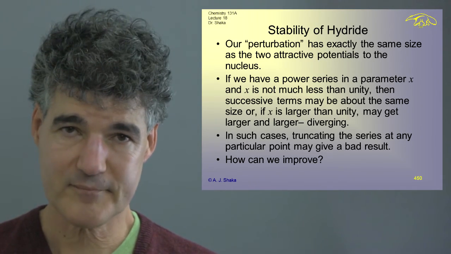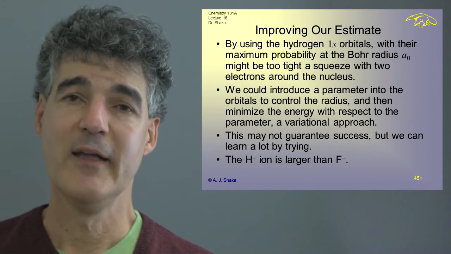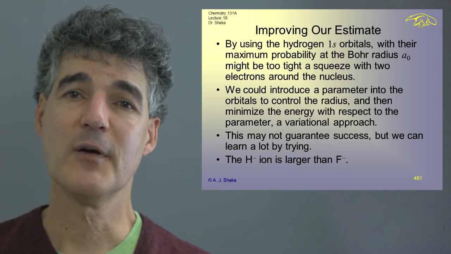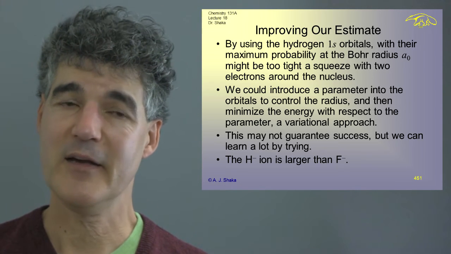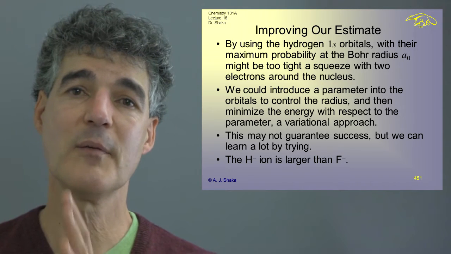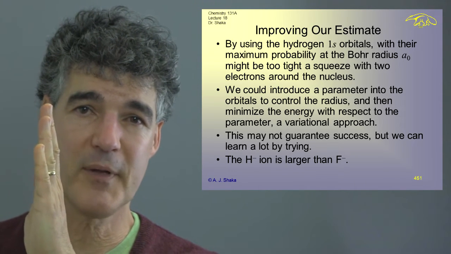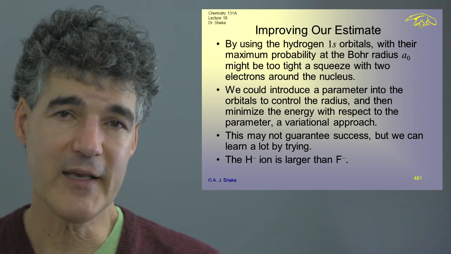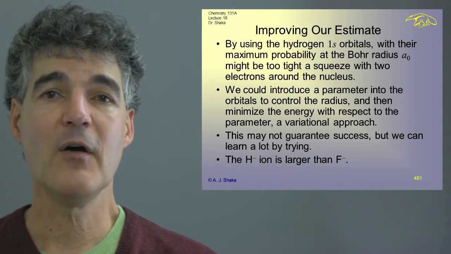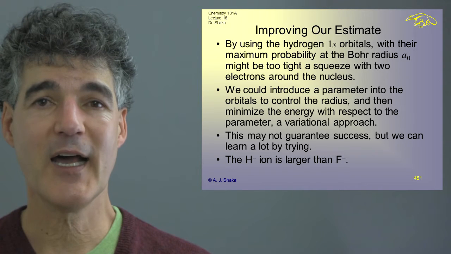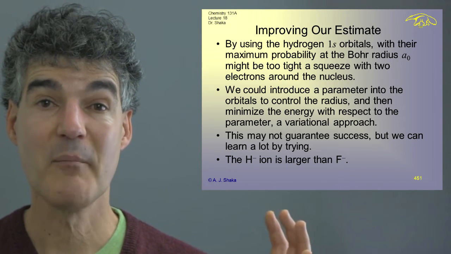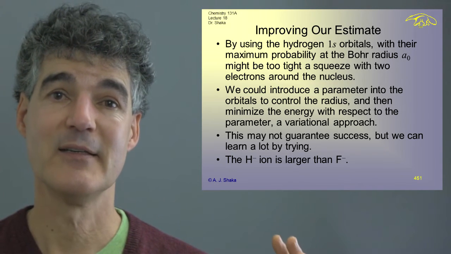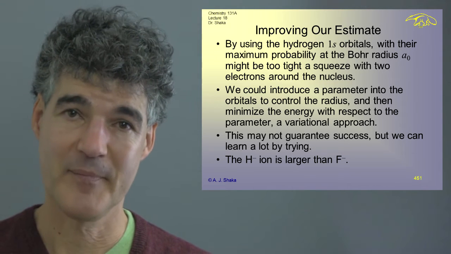What's wrong? Well, using the hydrogen 1s orbitals is not a good idea because the hydrogen 1s orbitals have their maximum probability of finding the electron in a shell at the Bohr radius. But we know experimentally the hydride ion has a much bigger radius than the hydrogen atom.